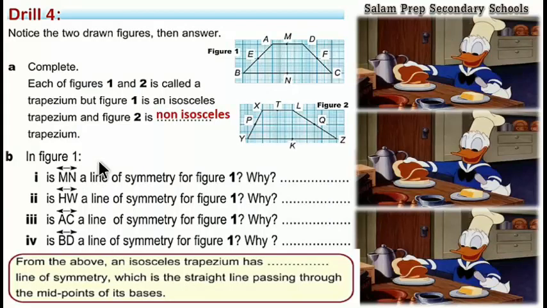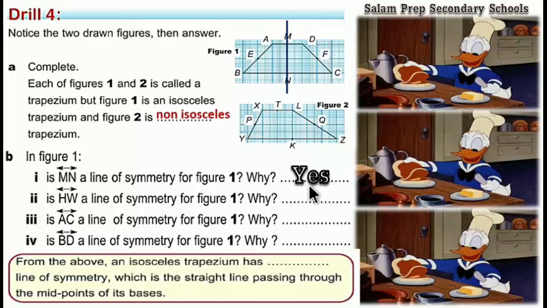Now try to answer. Is straight line MN a line of symmetry for figure 1? Why? In figure 1, straight line MN is a line of symmetry.